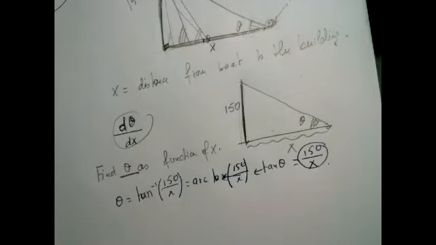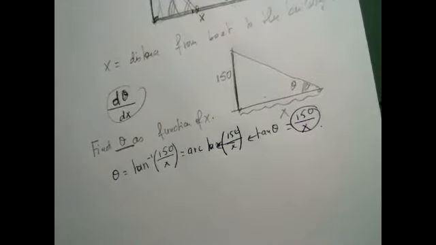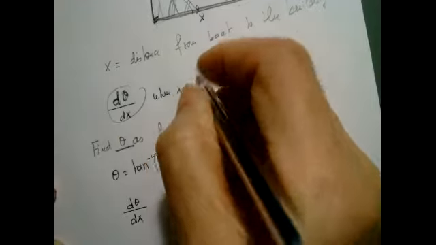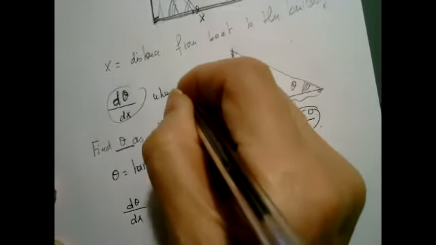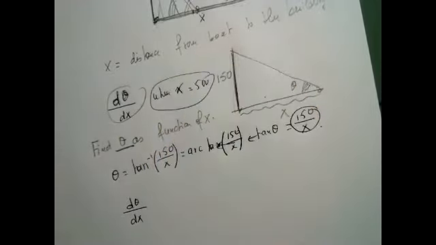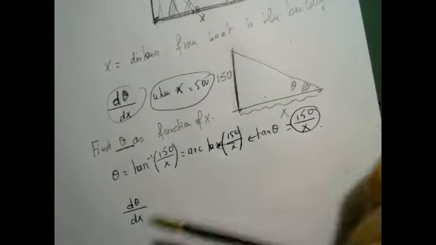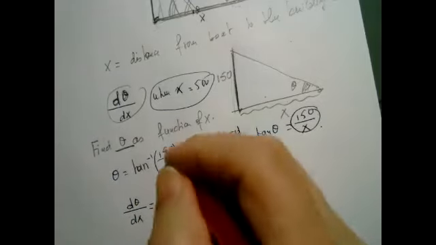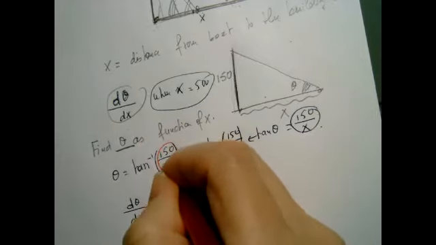Now we need d theta dx, which means the derivative of theta with respect to x. They want me to find it when x equals 500, but first I need to find the derivative. The derivative of tangent inverse is a problem where I have an inside function.